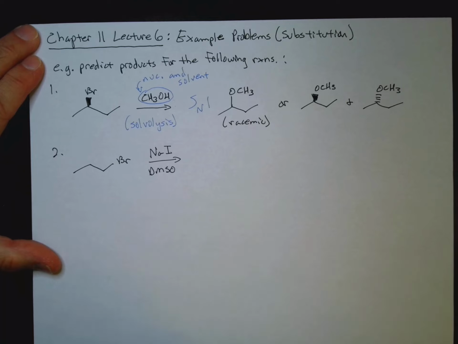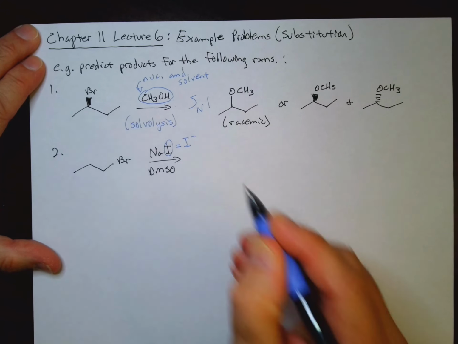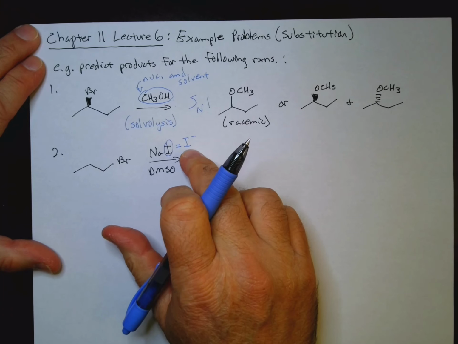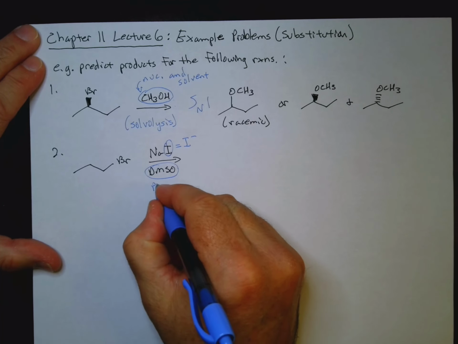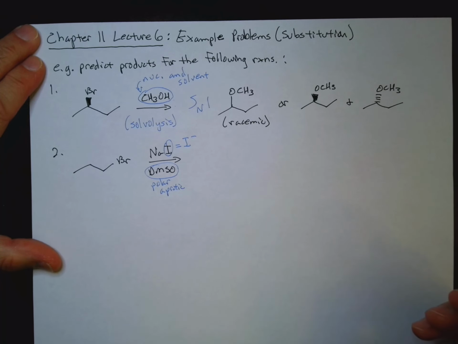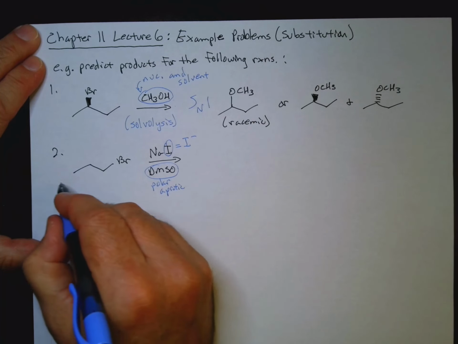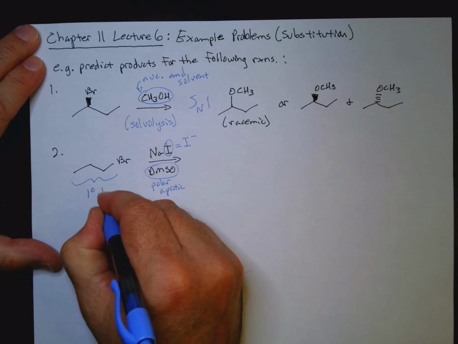All right, now number 2, NaI. Well, that simply equals I minus, and I minus is a good nucleophile. We also have DMSO, which is a polar aprotic solvent. And then this guy here is a primary alkyl halide.